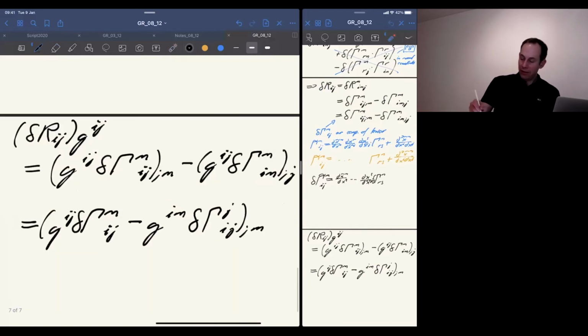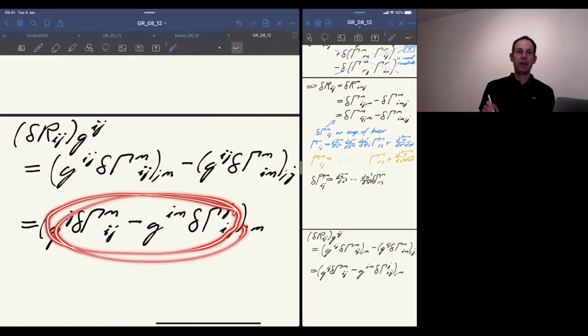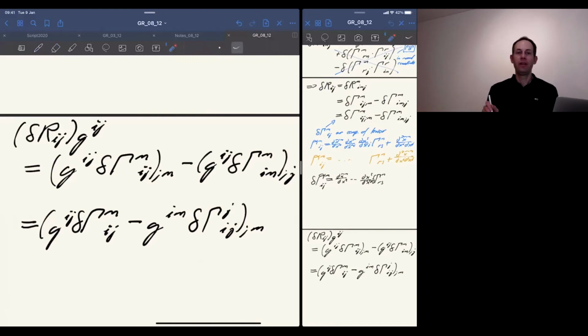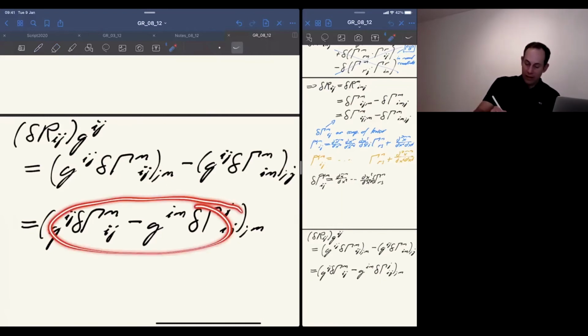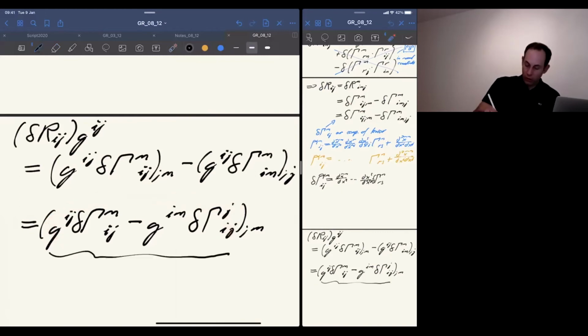Okay, so what we have is a covariant derivative of a kind of ugly expression here. But now we will actually not have to worry about this expression in detail. The only thing we have to note is that this expression here is at the end just a vector, which I could call W^m. Why is this the case?